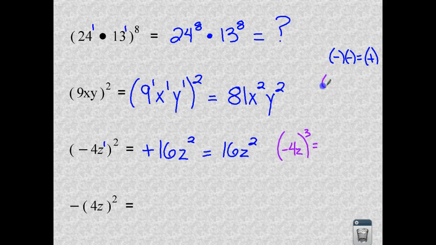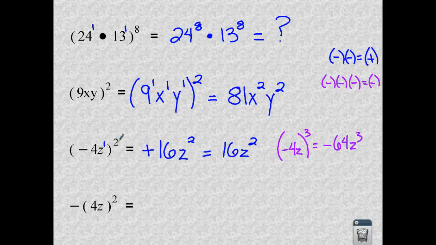So negative, negative, negative would equal a negative answer. 4 times 4 is 16. 16 times 4 is 64 z to the third. I just wanted to show you that because it really shows how this negative gets applied to the exponent.